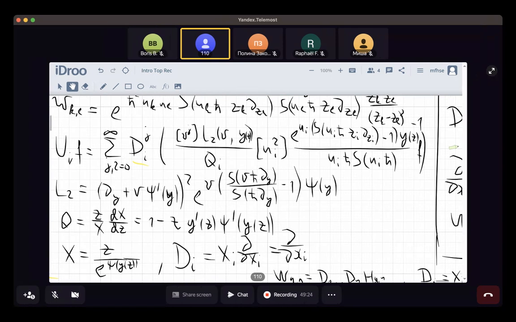Because we need W's to be meromorphic functions, but as finite sums, they become meromorphic functions under this.